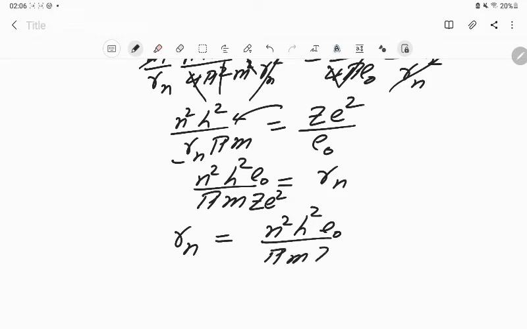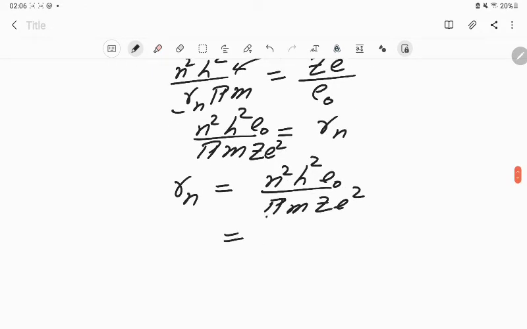pi m Z e square. Here pi is constant, the mass of the electron is constant, Z in this atom is also constant, epsilon naught is constant, h is the Planck constant, and the charge of the electron is also constant.